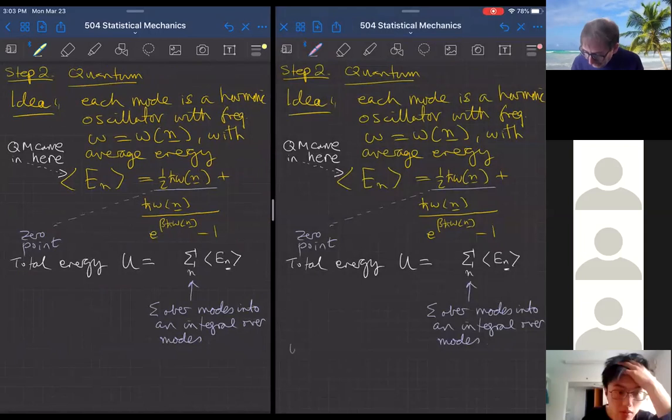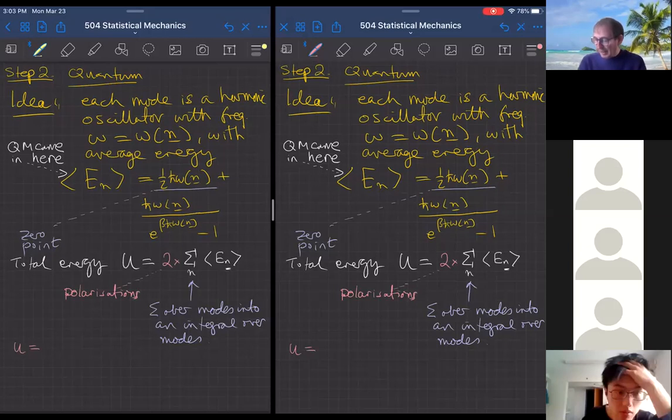So then what we get is that U is equal to, one other thing I forgot to mention is there's a factor of 2 in here, and that factor of 2 is due to the polarizations, because for each mode I have the amplitude, and there are two independent components, so there's a factor of 2 when I add up the energy for each mode.